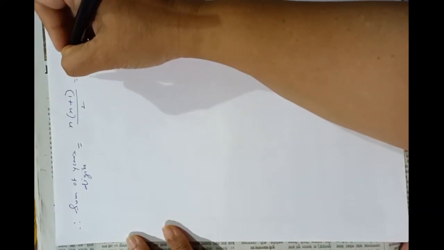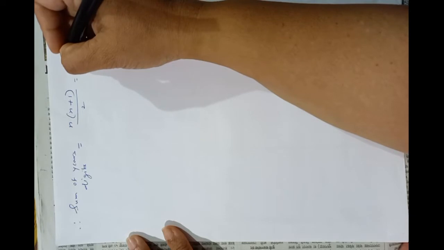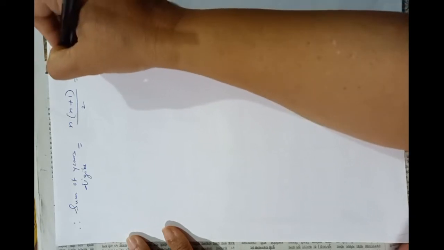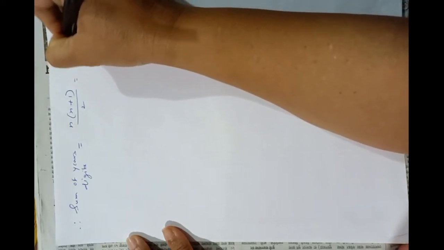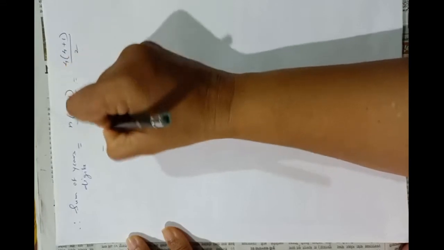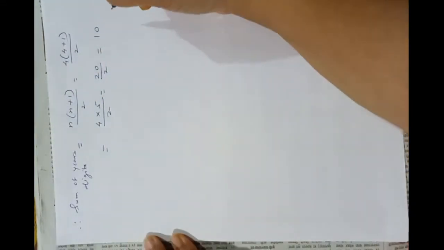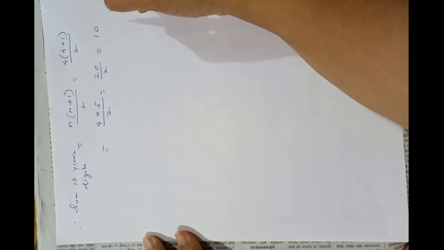In this problem they told us that the estimated life of the machine is 4 years. So n is 4. So 4 into 4 plus 1 upon 2, that is 4 into 5 upon 2, 20 upon 2, that is 10. So the sum of years digits is 10.